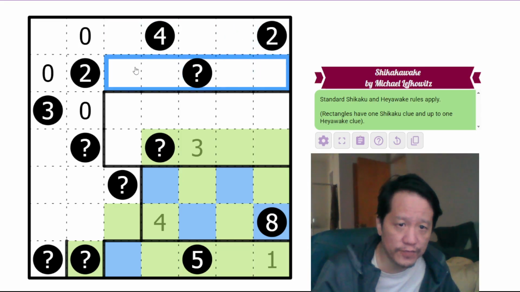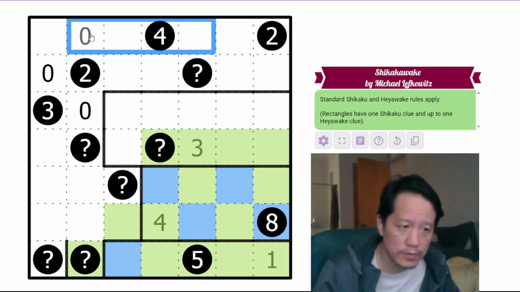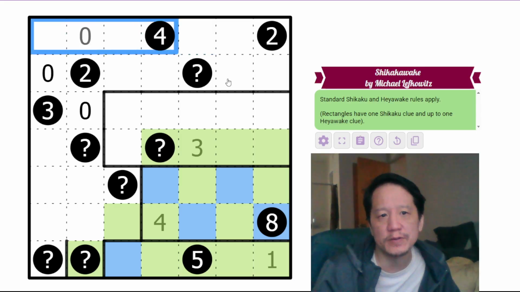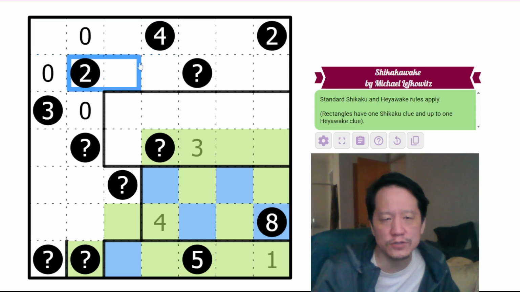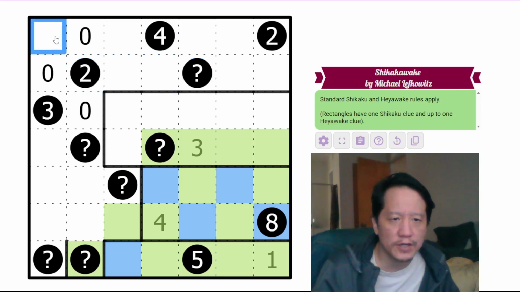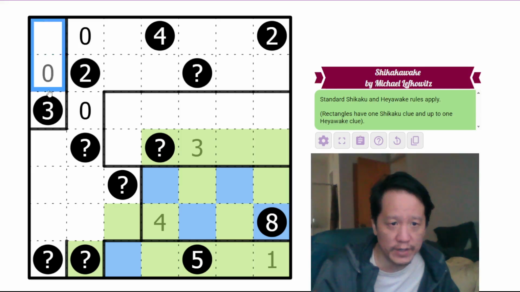Or 2, 5, and 4. Either way, I don't think you could have a 4 this way, right? If this cell cannot be part of this 4. Because then this is only 2 in length. This is 4. This would be 2. And then this can't be part of a rectangle. So yeah, this always has to be part of this. So we know this is a region. And they're all green.